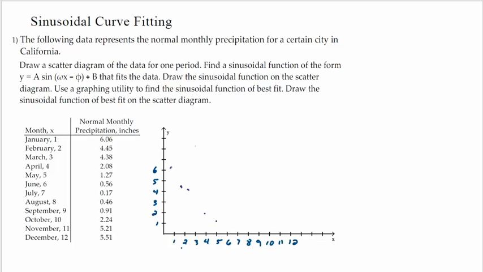Five is 1.27. 6 is about a half. 7 is lower than that. 8 is back up to about a half. 9 is almost 1. Oh, that last one doesn't look like a half, does it?